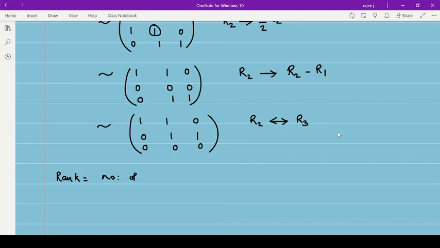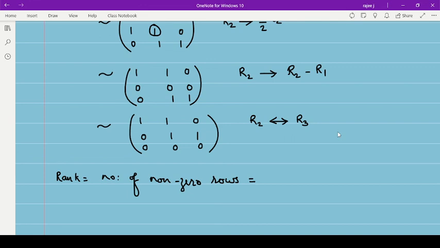Now the rank is given by the number of non-zero rows. That is the definition. In echelon form, rank is given by the number of non-zero rows. A non-zero row means there should be at least one non-zero element in the row.